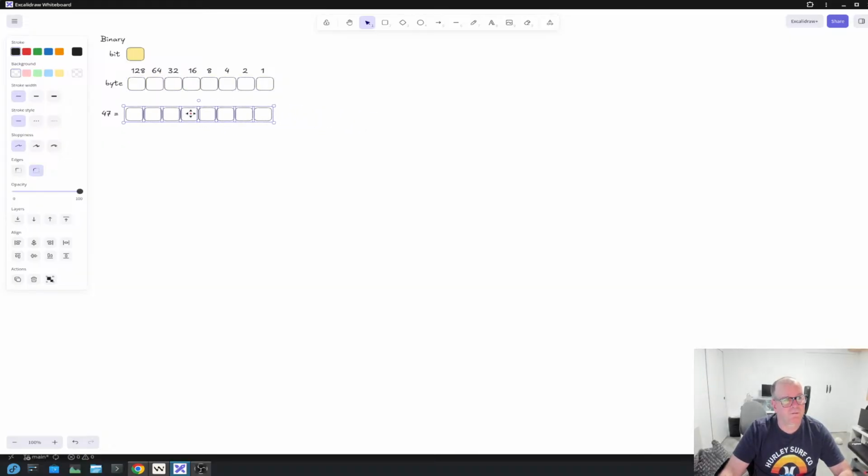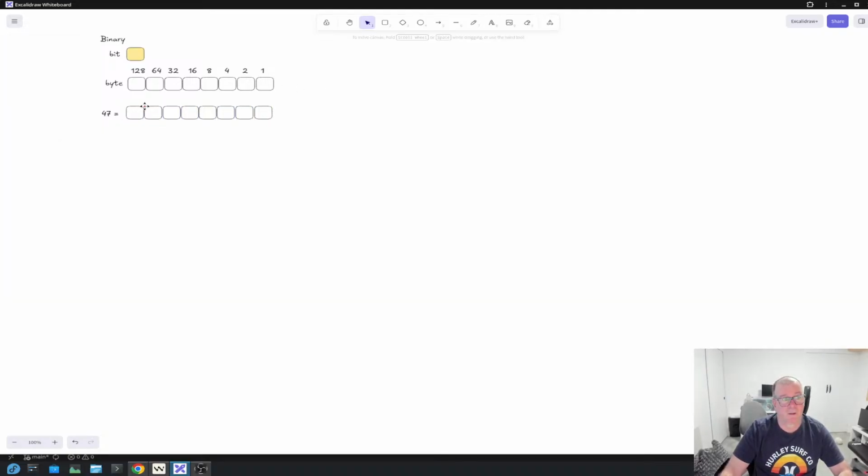How do we convert 47 in decimal to binary? Basically, what we need to do is turn on all those bits here that sum, and the total will be 47. Look how nice this is. If I want to make 47, should I turn the bit 128 on?